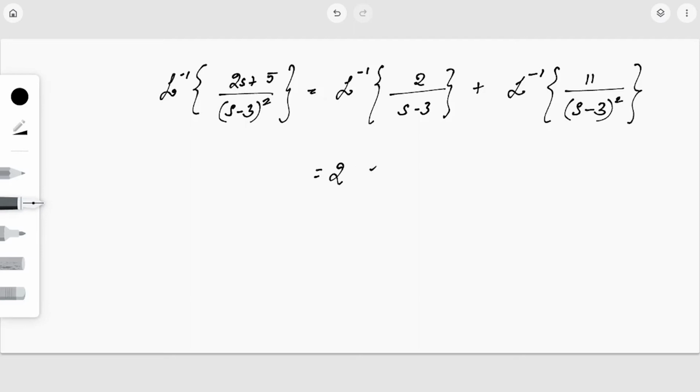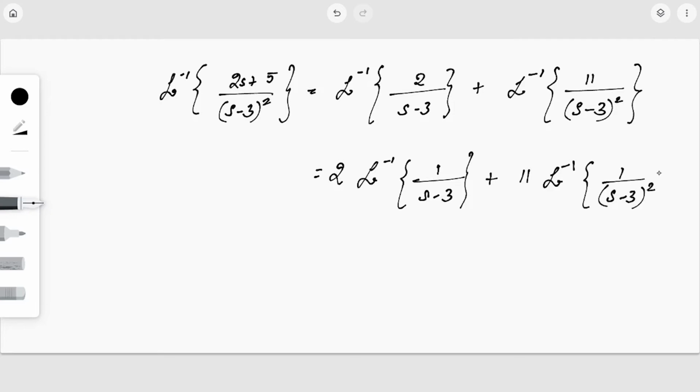That is 2 into the inverse Laplace transform of 1 by s minus 3 plus 11 into the inverse Laplace transform of 1 by s minus 3 whole square.